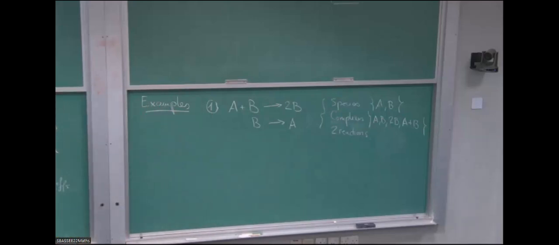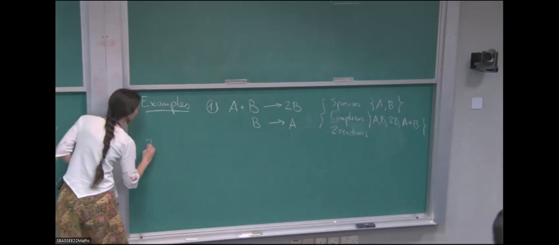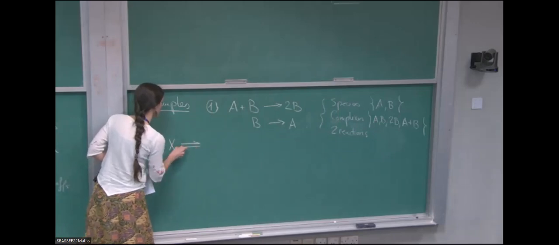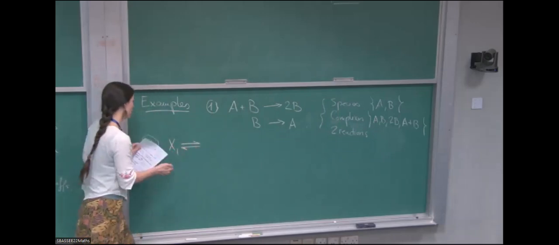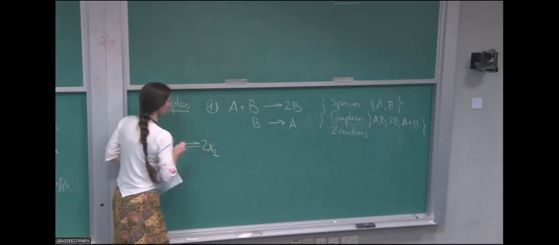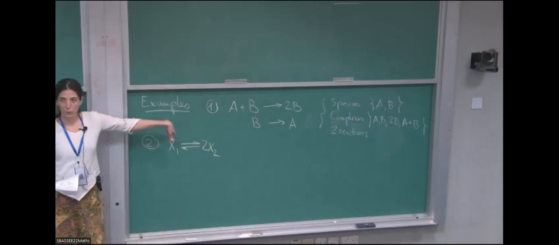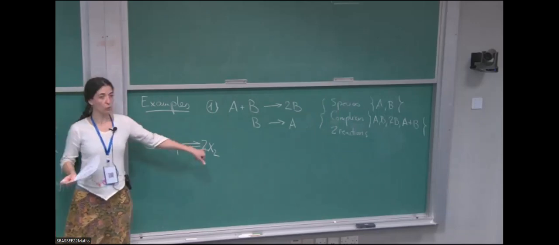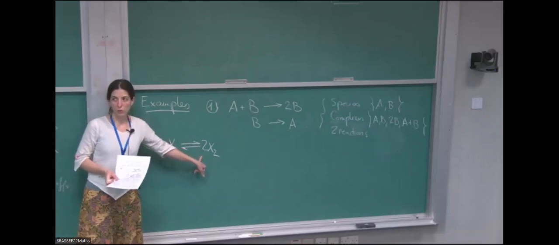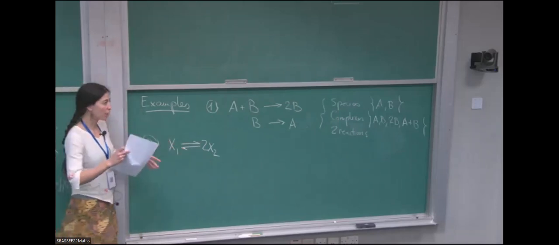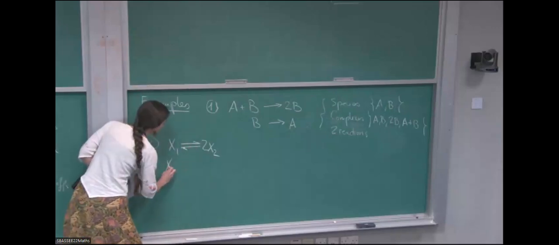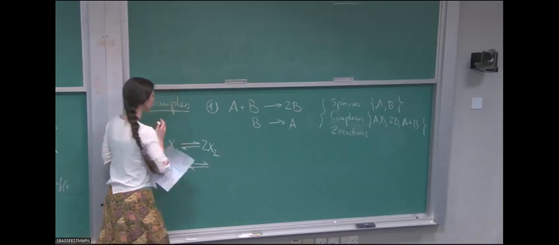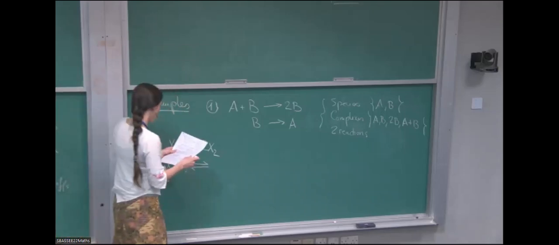Another example, a bigger one. When I write the 2 arrows on both sides, it means there are 2 reactions taking place. So this means x1 goes to 2 times x2, but also 2 times x2 goes to x1. So I just repeat it. And then I have what they call a reversible reaction. It goes both ways.